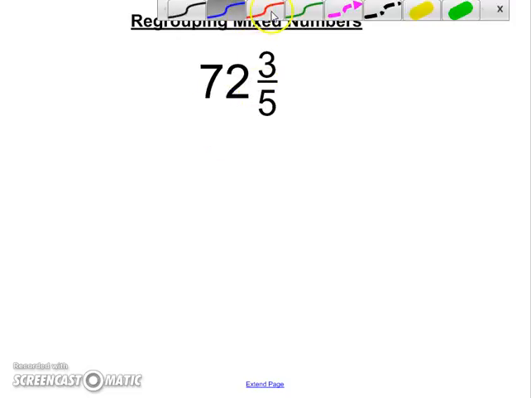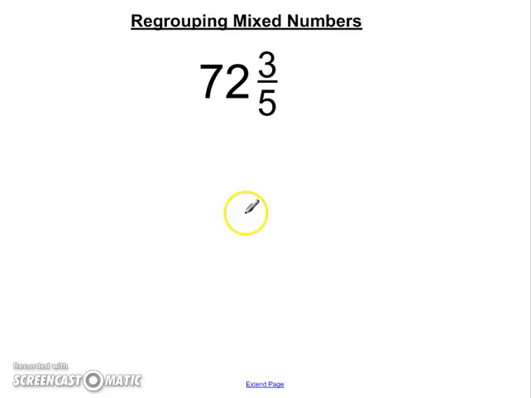And so let me do it a little bit slower than I did over there. Remember that 72 and 3/5 is 72 plus 3/5. But I don't have enough here to subtract with. Well, basically what I'm saying is 72 can be written as 71 plus 1 plus my 3/5.